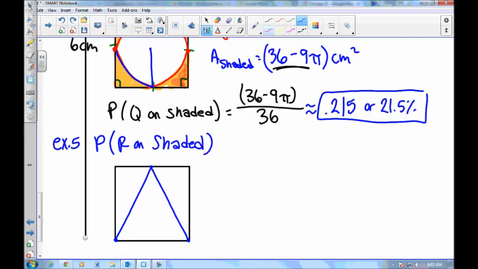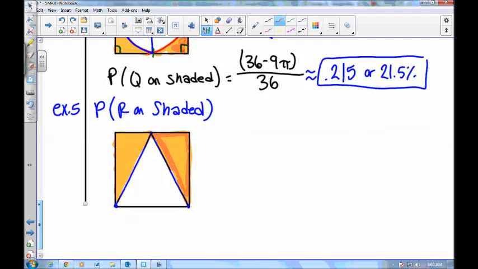And the shaded portion is outside the triangle, both sides. Okay, and we know this outside length is 5 inches. So probability of R landing on a shaded area, if one placed randomly, is area of the partial divided by area of the total.